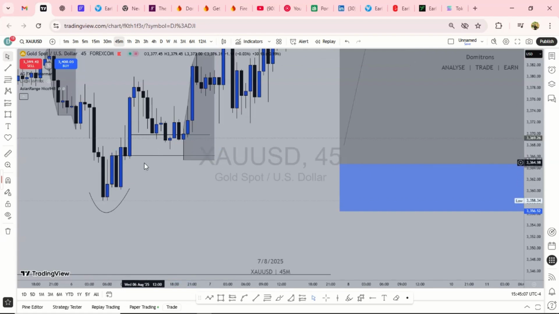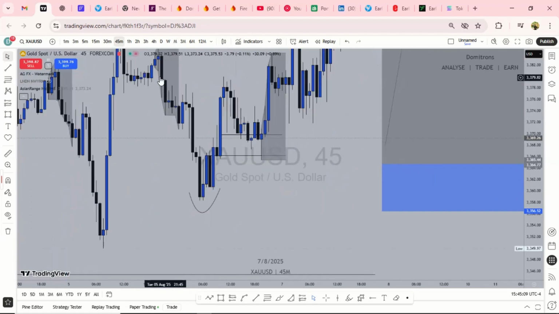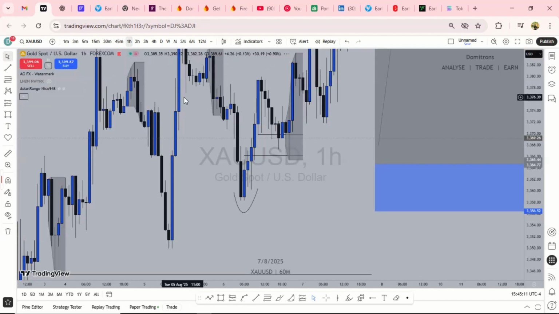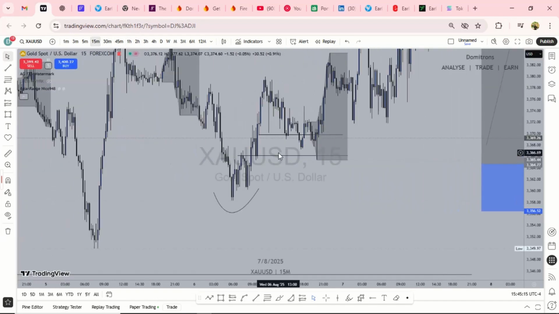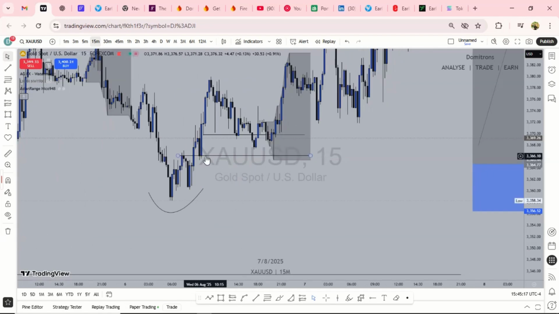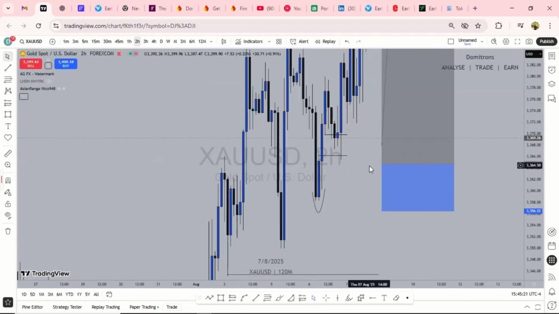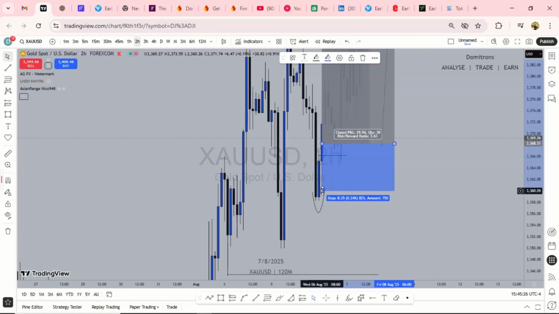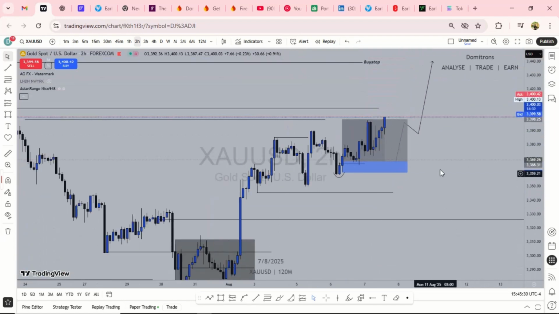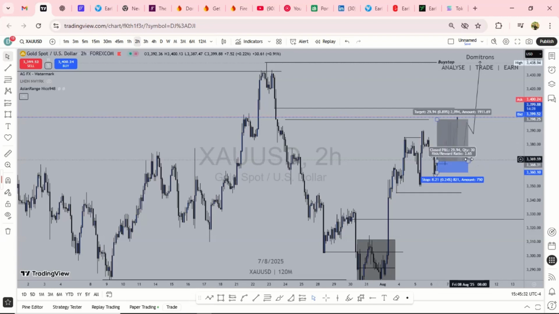Drop, base, rally, so it just mitigated that demand zone, right? But I was looking for a tight stop loss, so that was why the low was there. But based on where I saw the fair value gap entry, I would have placed my stop loss on the low of this candle.